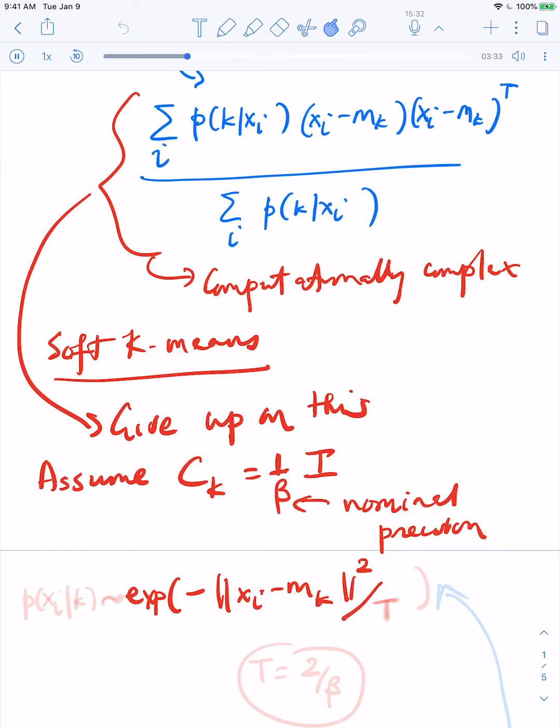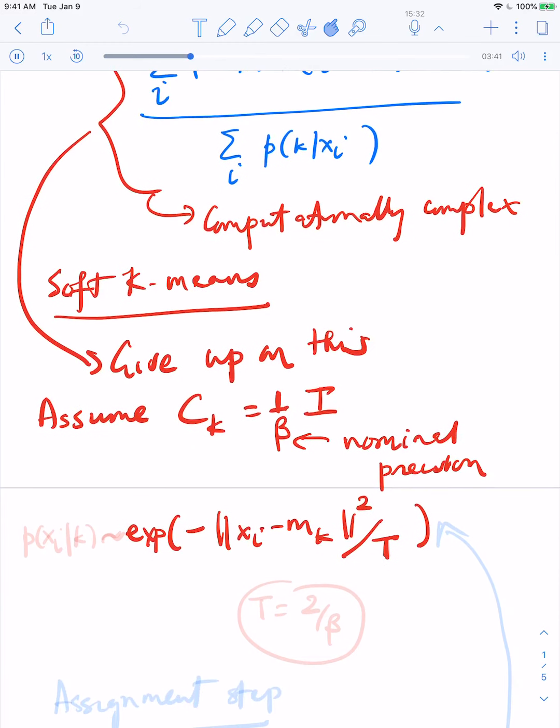But instead of that, we often assign a term that we call the temperature, and we'll see what relevance that has. I'm thinking of the temperature as 2 over the precision. I'm setting it that way, and I'm saying that the probability of xi given k is proportional to this.